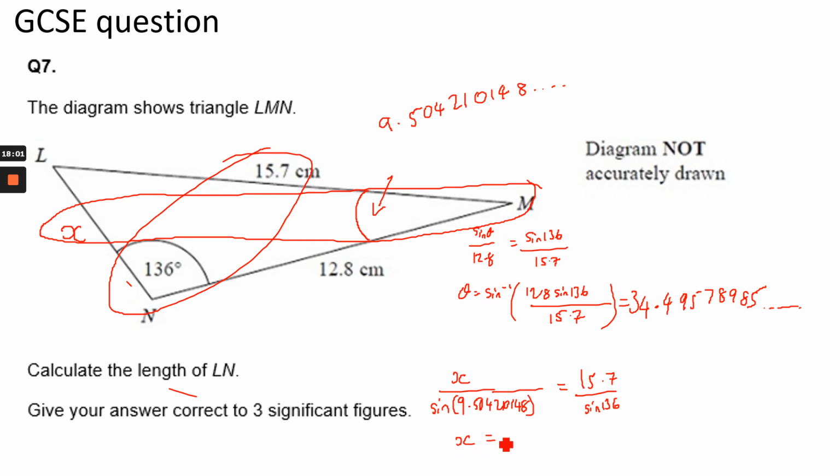Multiply both sides by the denominator there, and you'll get x is equal to 15.7 multiplied by sine 9.504210148, all divided by sine 136. It's a very long-winded way of doing it, but hopefully you have done the same or you found a shortcut.